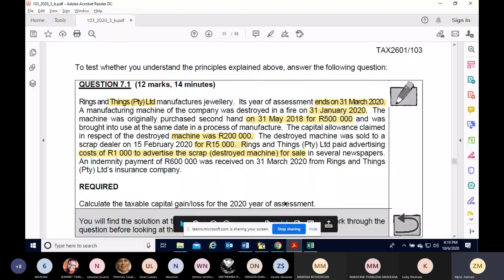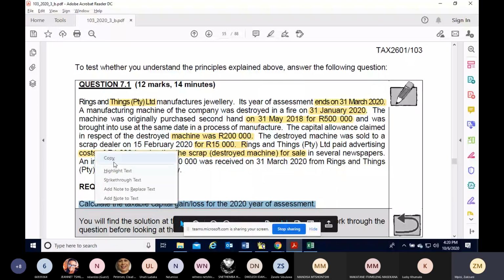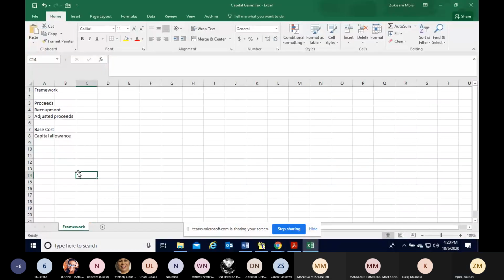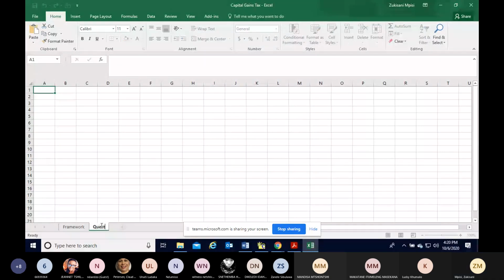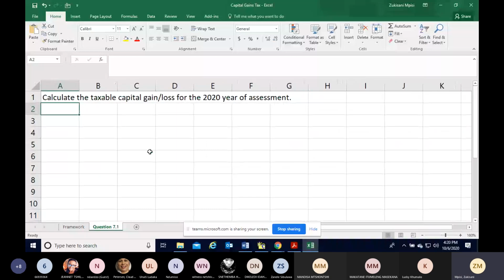Calculate the taxable capital gain or loss for the 2020 year of assessment. Right, so this is question 7.1. We are requested to calculate the taxable gain or loss for the 2020 assessment.